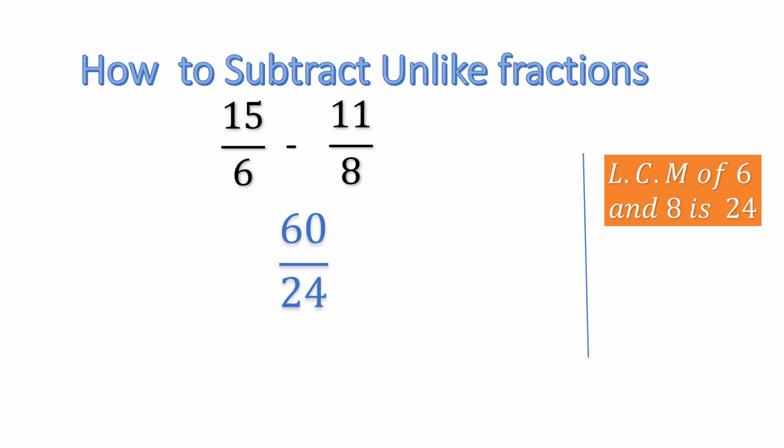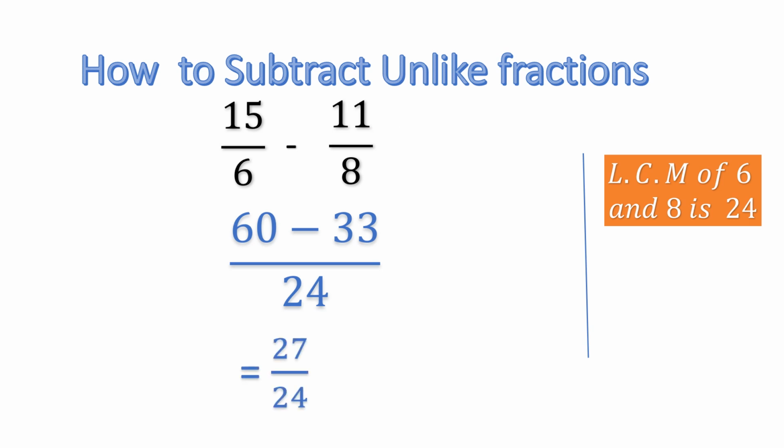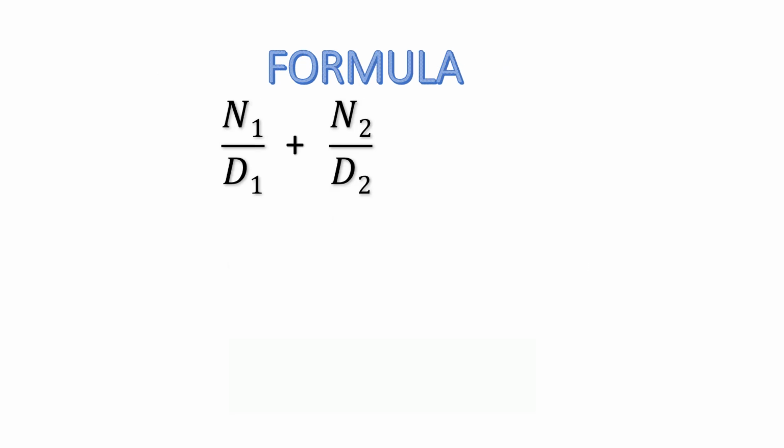Now instead of the plus sign, we will give a minus sign here, and figure out 8 into how much is 24. 8 into 3 is 24. We take that 3 as multiplication with 11. So here we give 11 into 3, 33. Now we'll just do the subtraction on the numerator. 60 minus 33 is 27. So our answer will be 27 over 24.